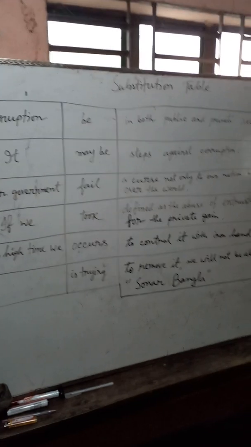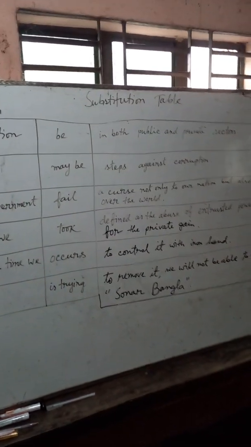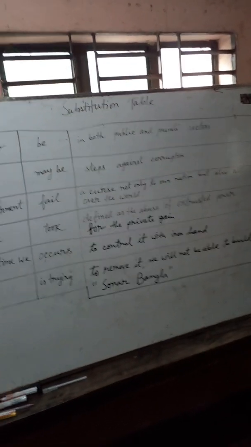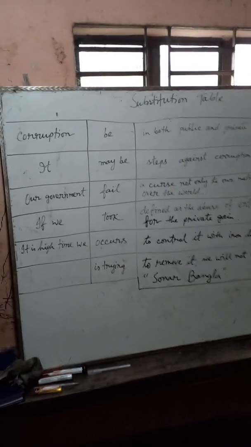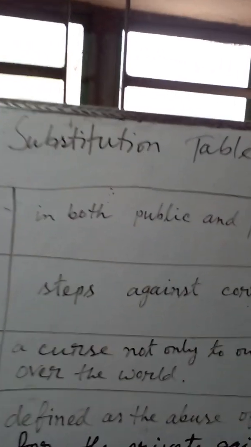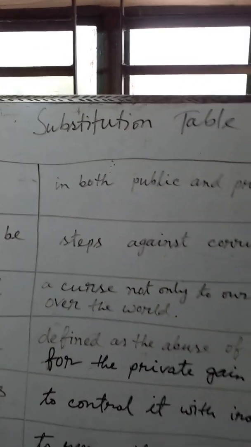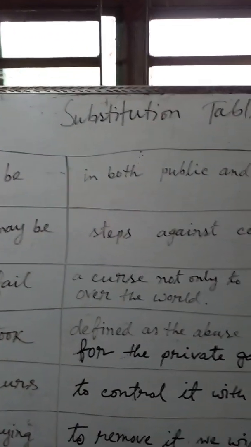Today, I would like to discuss another grammatical item, and it's known as substitution table. This very grammatical item is set at question number 3.